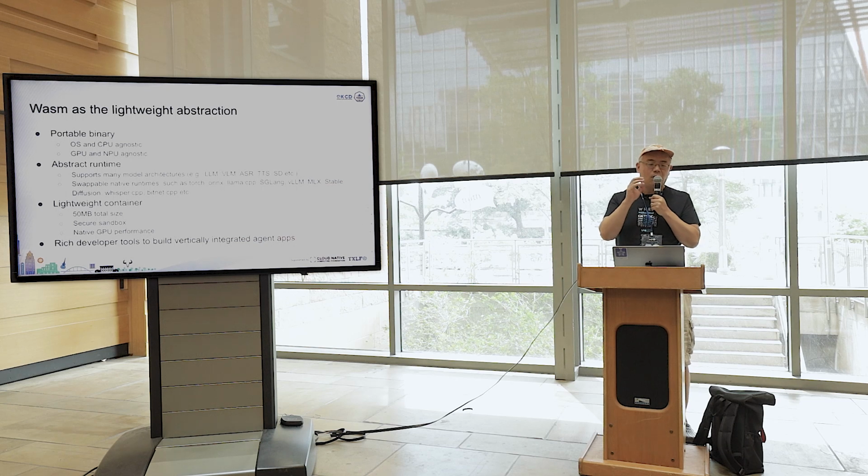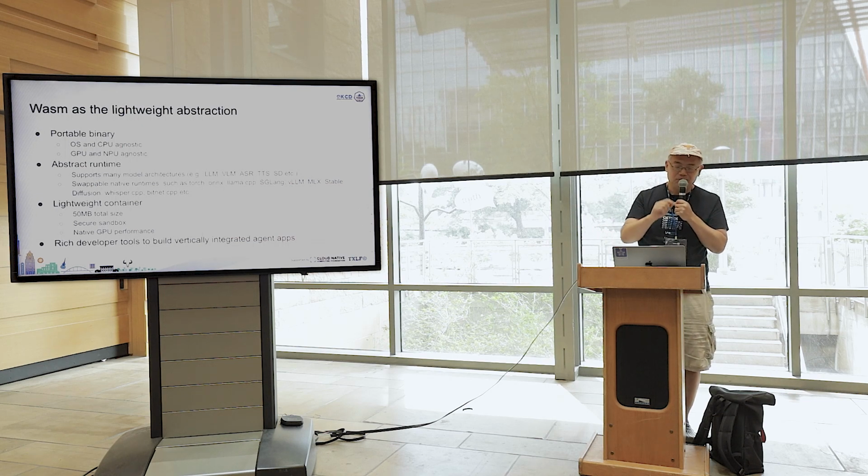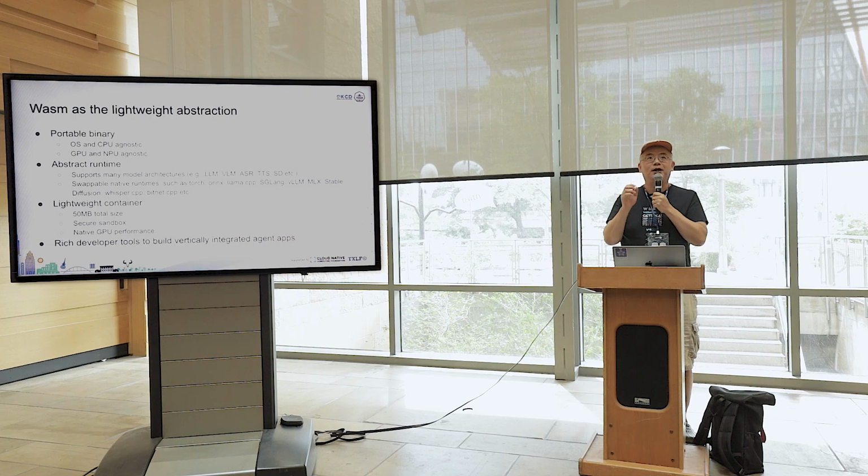Wasm has multiple language front ends. It supports Rust, C++, Go, JavaScript and all that. It provides a portable binary, not only portable across CPUs, but also portable across GPUs. And it provides an abstract runtime, meaning that it hides away the underlying runtime.